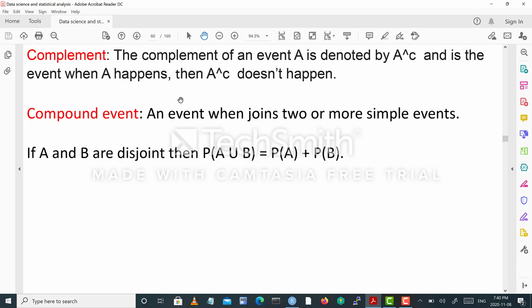The complement of an event A is denoted by A^C or A complement, and is the event when A happens, then A complement doesn't happen. A compound event joins 2 or more simple events. If A and B are disjoint, then P(A union B) is equal to P(A) plus P(B).